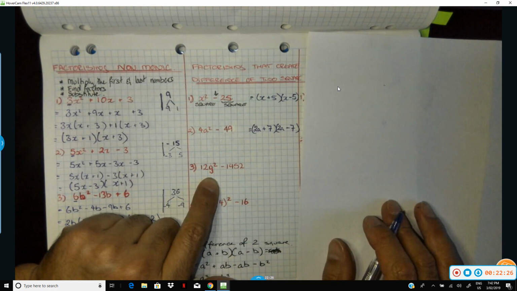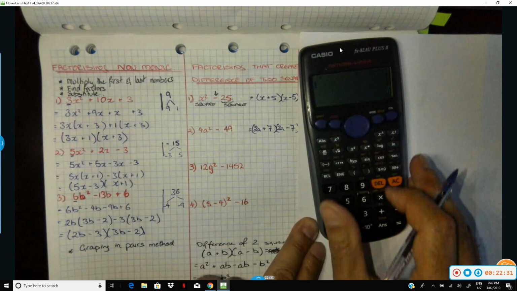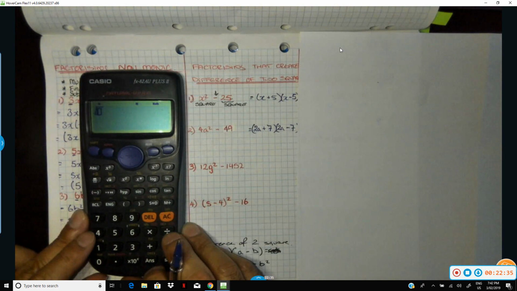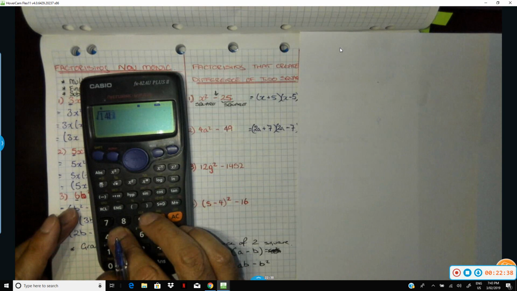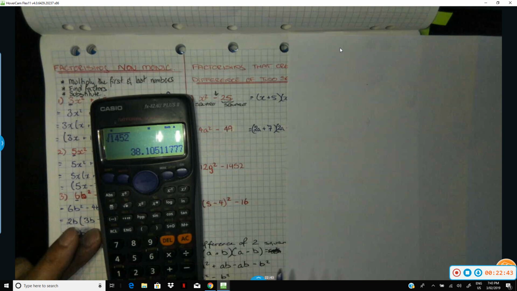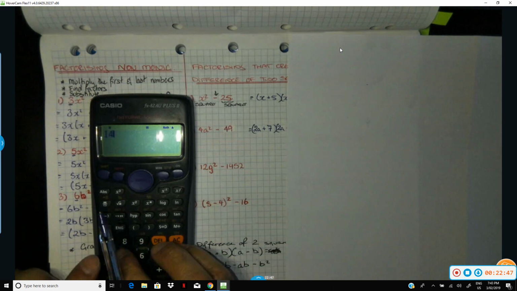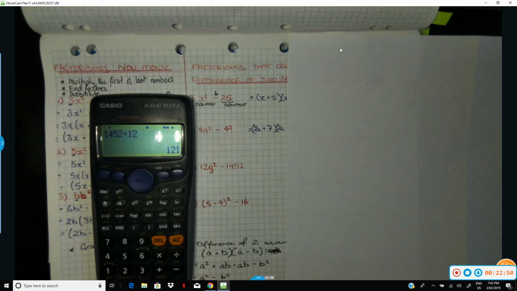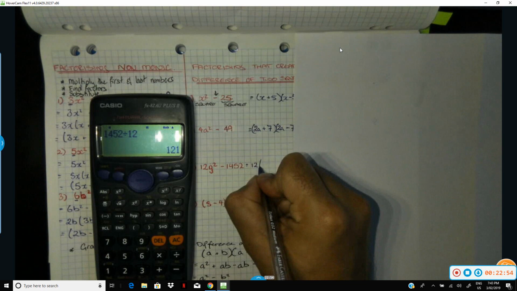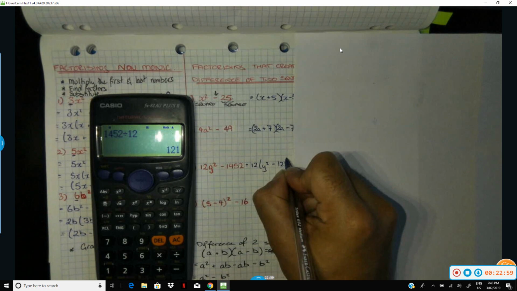Here, 12y squared minus 1452. Can you see? So I put it there. This number is not a square. Okay, not a square. We don't like that. But what I notice is that yes, I could take out a common factor of 12. 12 times y squared minus 121.